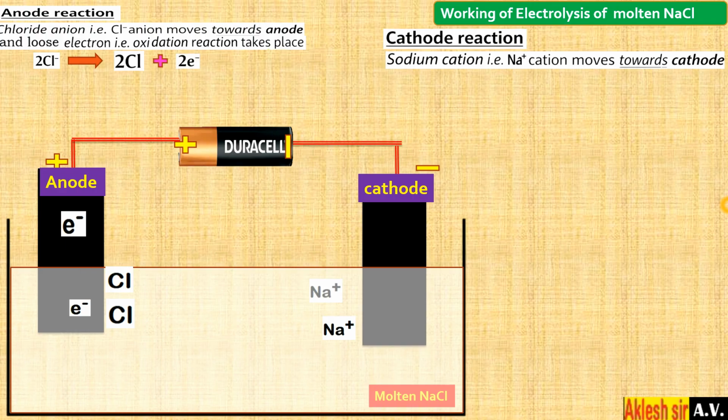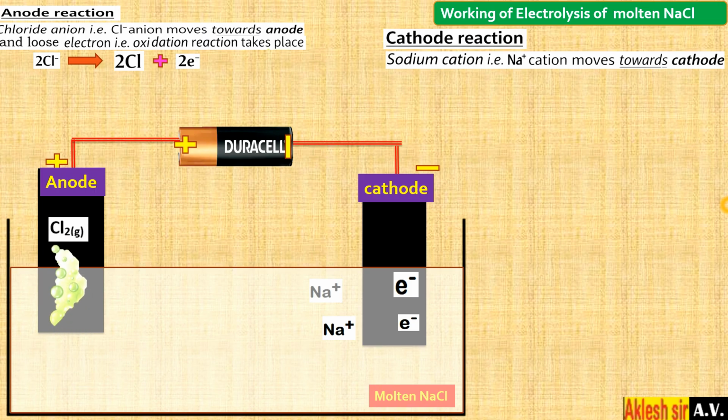The battery sucks the electrons so produced at the anode end and pushes them to the cathode through a wire in an external circuit. Two Cl atoms then combine to form chlorine gas. In the secondary process, pale green Cl2 gas is released at the anode.